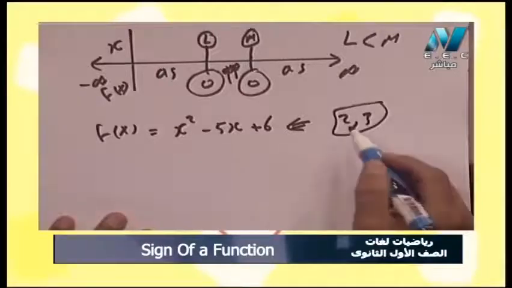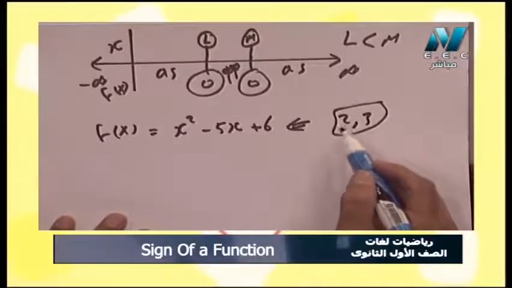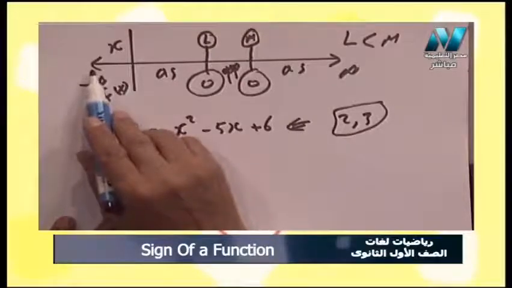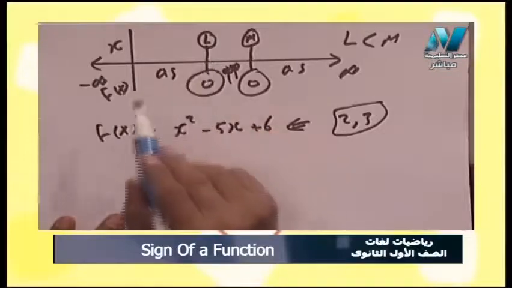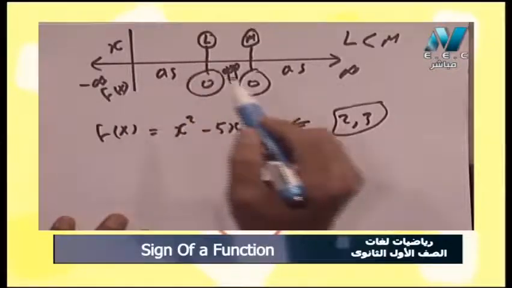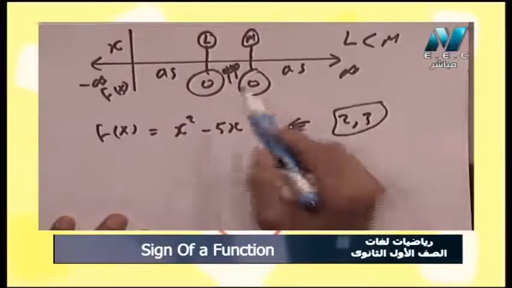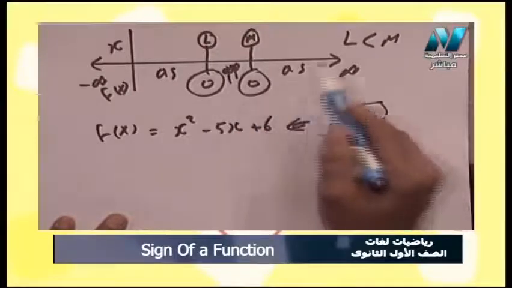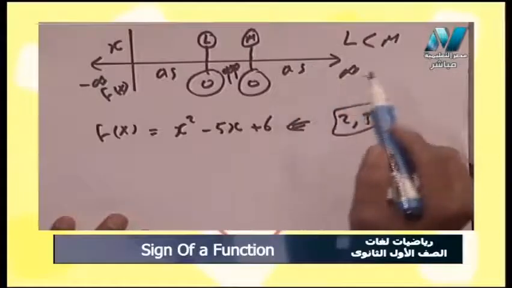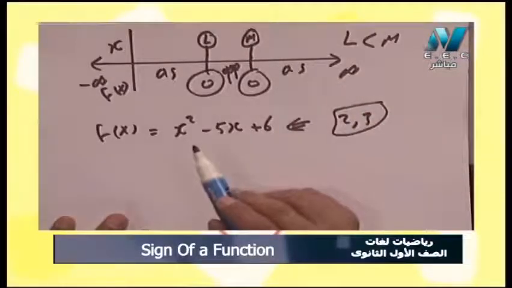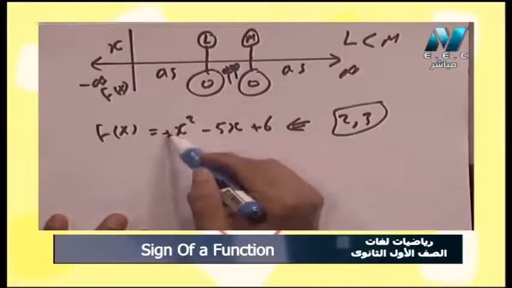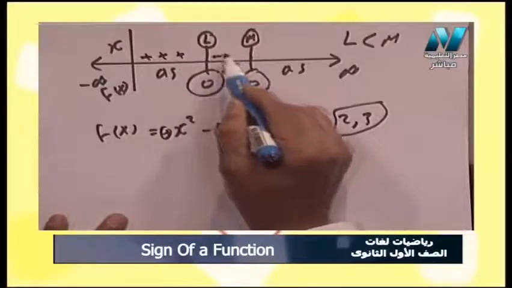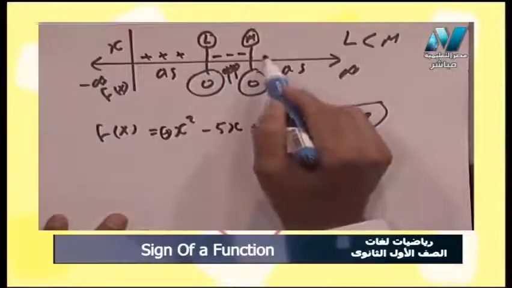We find that from negative infinity to 2 the sign is the same as the coefficient, between 2 and 3 it is opposite, which is negative, and after 3 to infinity it is positive, the same as the coefficient. So here it will be positive, here negative, and here positive.